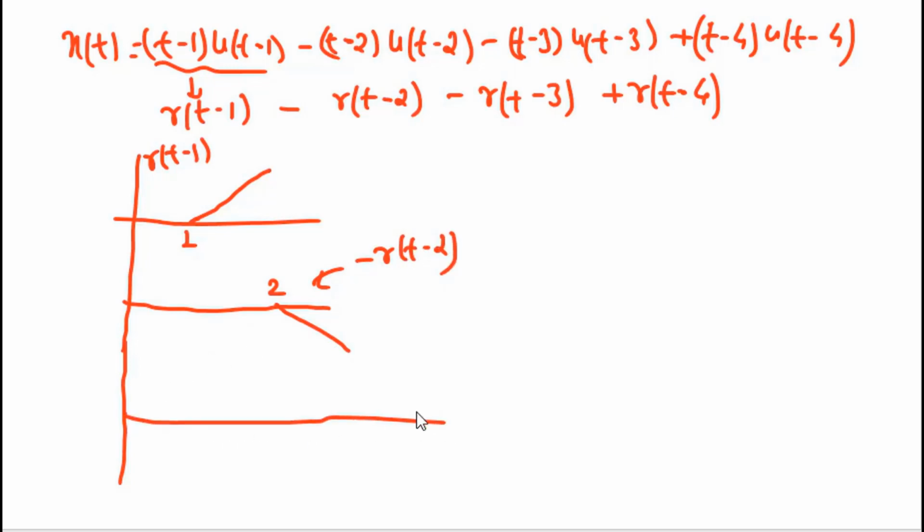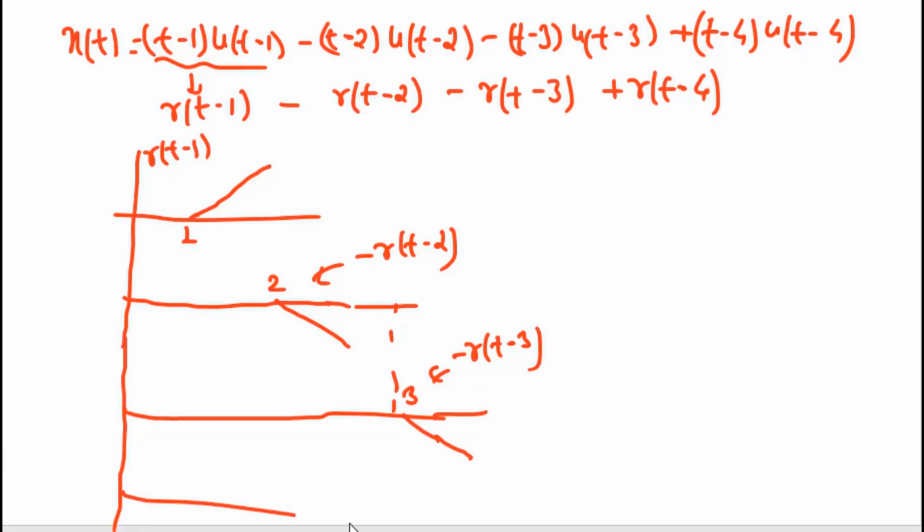Similarly, you can plot for r of t minus 3, which starts at 3 and has a negative slope. And for r of t minus 4, you will get something like this. So when you add these four, you will get the graph of x of t.